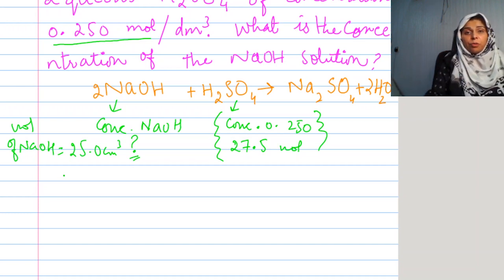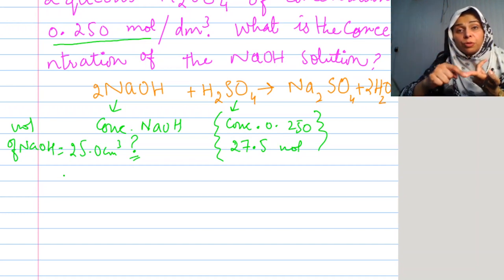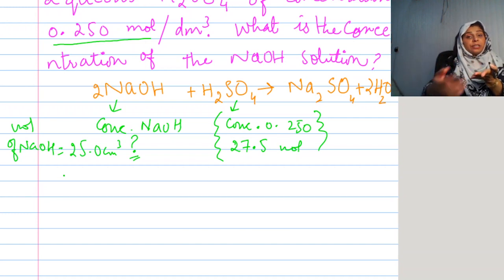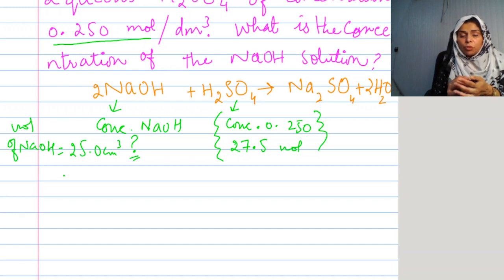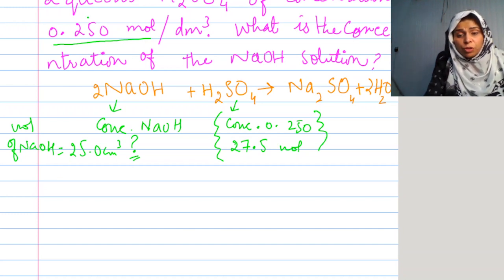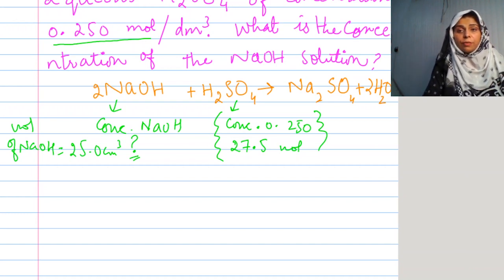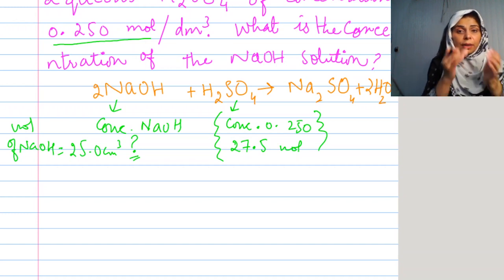How to calculate the moles? Either through moles of solids, or moles of gases, or the values which are given here, that is moles of solutions. So in the first step we have to calculate through moles of solutions.